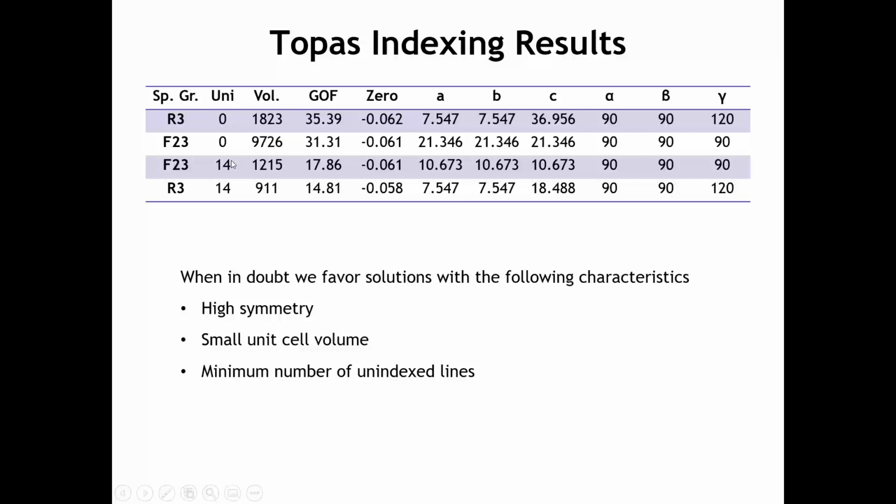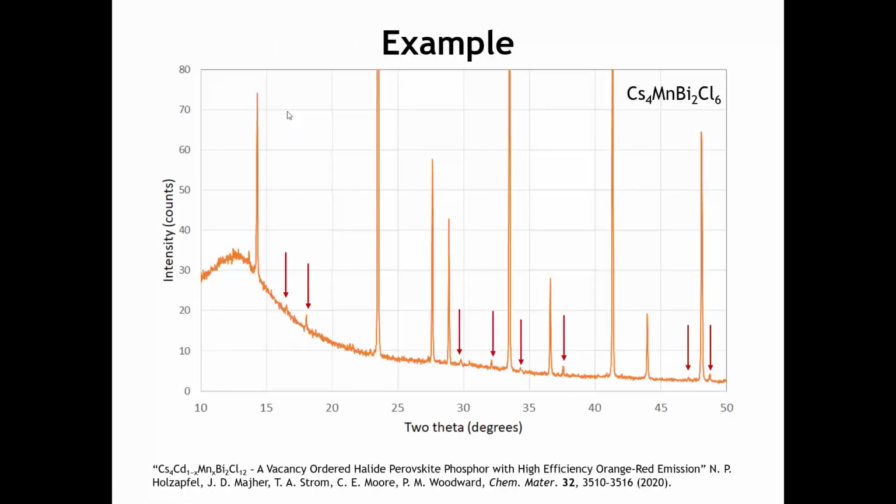Now, if we wanted to compare these bottom 2 solutions, in particular this F23 cubic cell, which has a volume that's still even smaller than the R3 hexagonal cell, what's going on with these 14 unindexed lines?